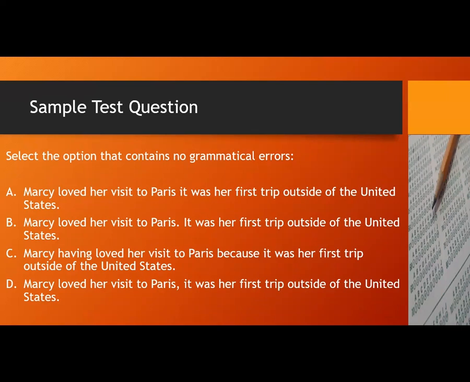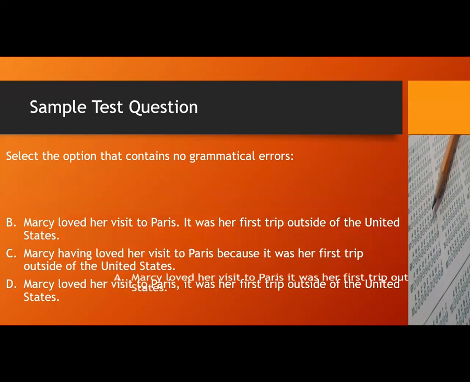Marcy loved her visit to Paris, and it was her first trip outside of the United States. There is no punctuation separating these complete sentences, which creates a run-on, which is a grammatical error. So option A is out. Option B has a period separating both independent clauses. Well, this option is the best so far, so let's keep it in mind.